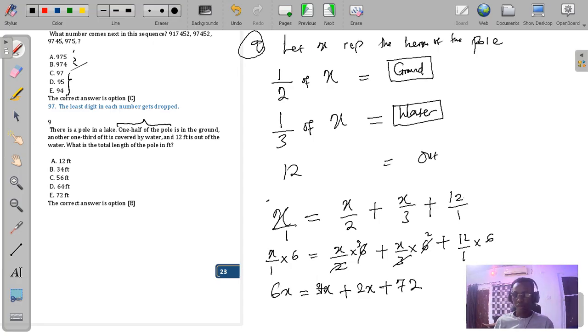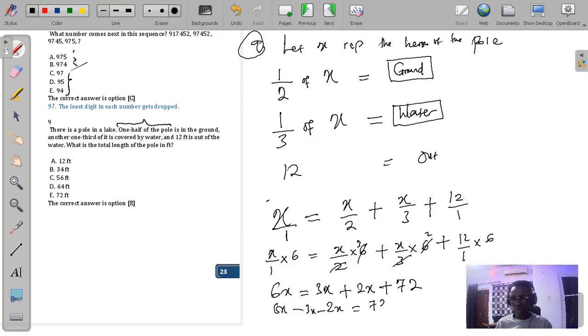And then if I collect like terms, if I take all this to the other side, that should be 6x minus 3x minus 2x equals 72.